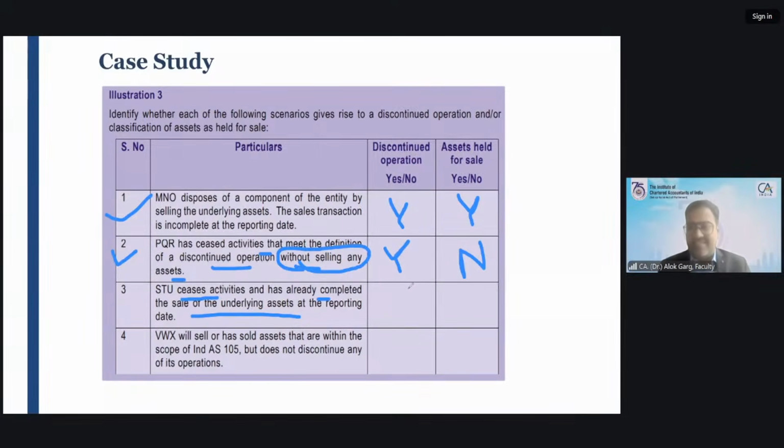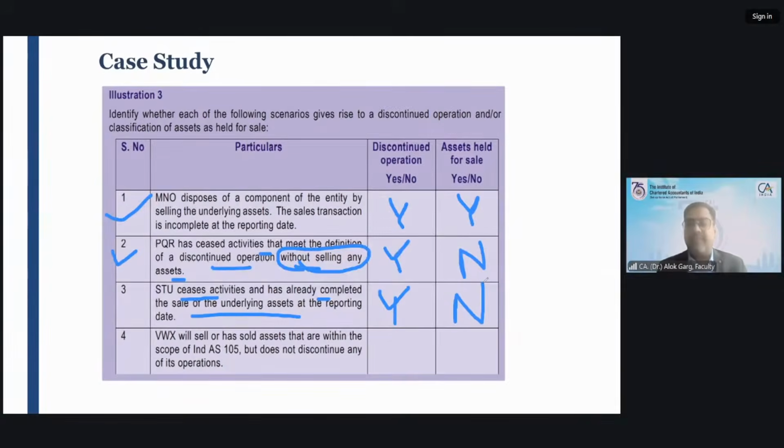Yes, sir, hundred percent. It ceases activity. And whether it is an asset held for sale? No, sir. Already the asset also sold. Then there is no meaning for held for sale. So the asset has actually been sold out. It is not an asset held for sale or disposal group held for sale. The asset has already been sold out.